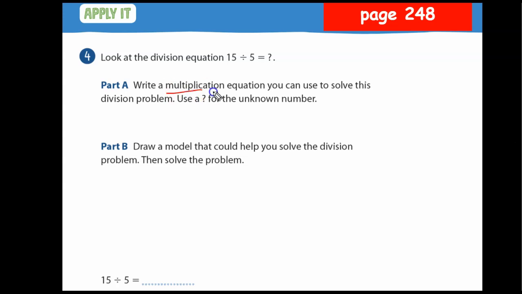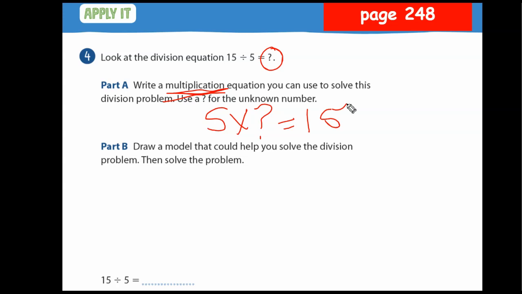Wait, it's asking me to write a multiplication equation. 5 times question mark is 15. Okay, and it says to use the question mark as the unknown number. So 5 times question mark equals 15. Yes, I know the answer is 3, but it doesn't ask you to solve it yet.